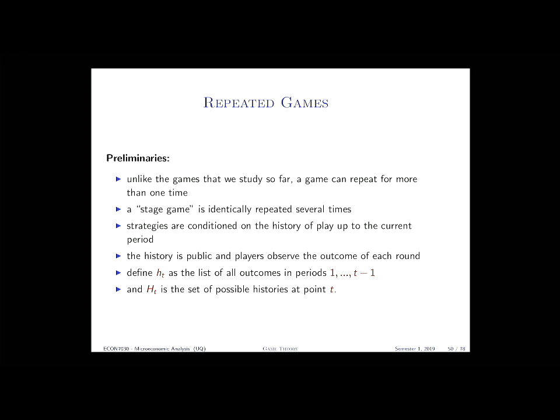Now, strategies are conditioned on the history of players. So, for instance, if two players want to play Prisoner's Dilemma several times, they remember that last time they didn't cooperate with each other, and they both went to prison for 7 years, for instance. Now, they may simply try to cooperate with each other and somehow continue with less time for both of them if the other person cooperates as well.